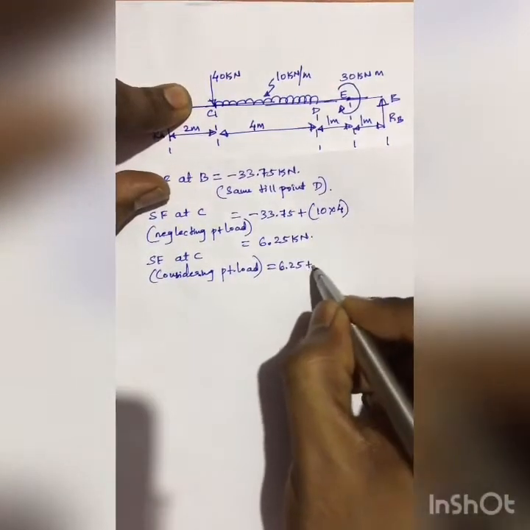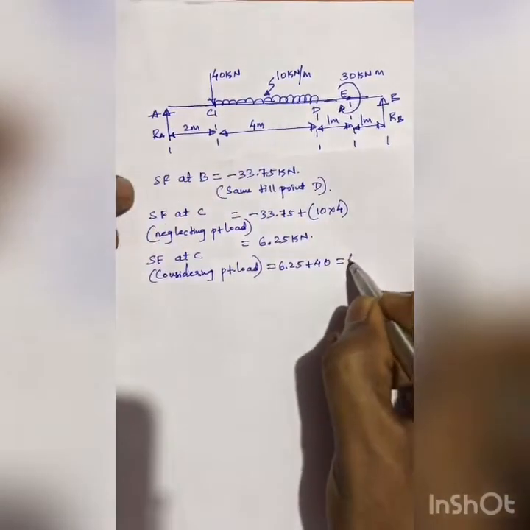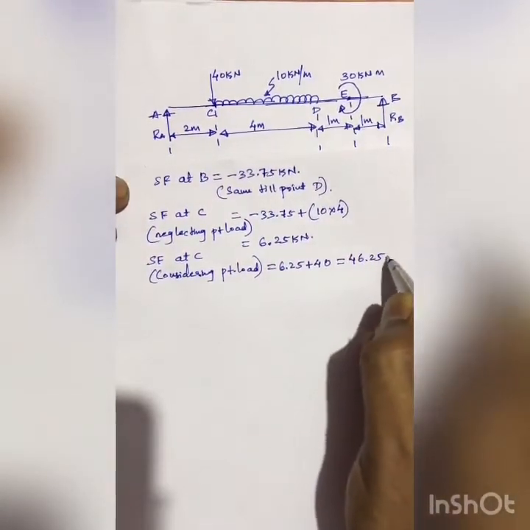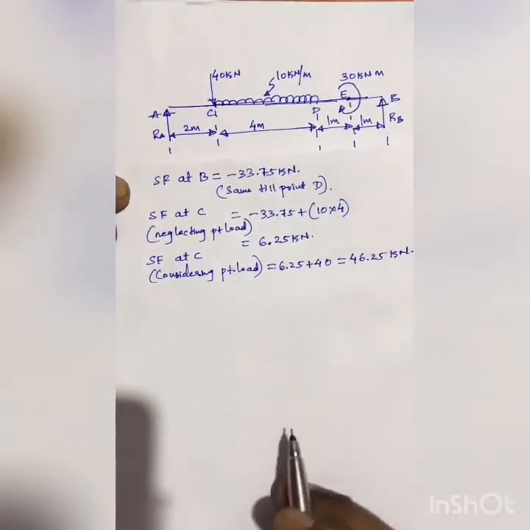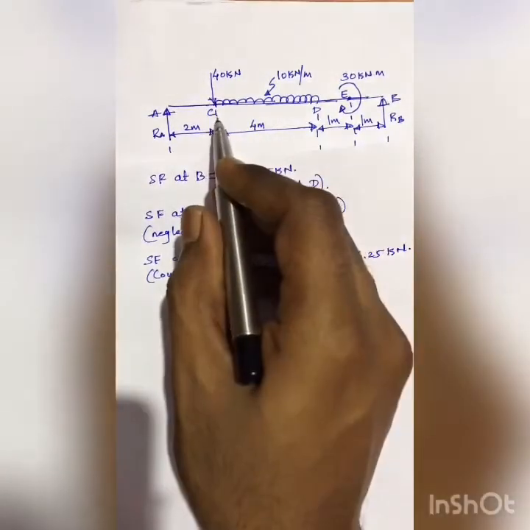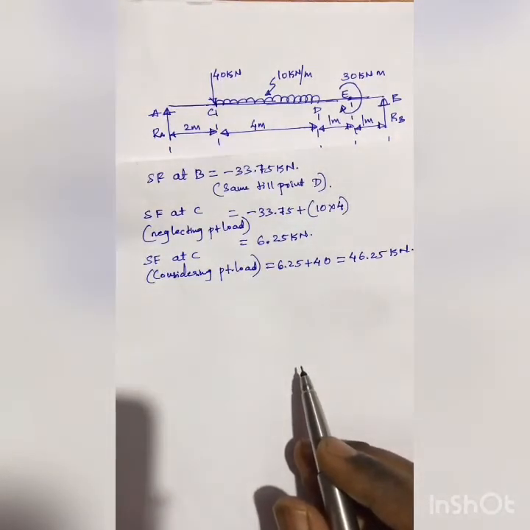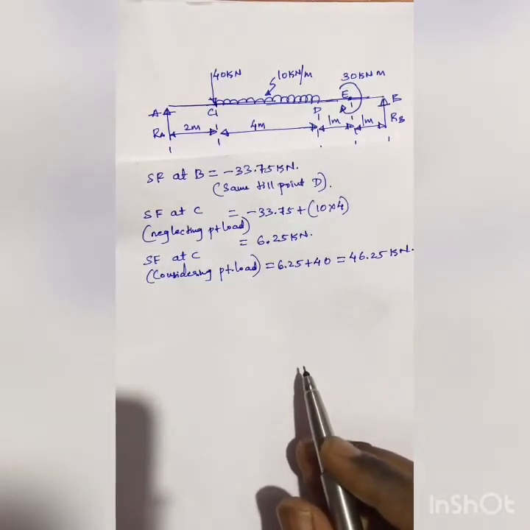So 6.25 plus 40 makes it 46.25 kilonewton. Again we know that there's no other force now acting from C to A, and hence it will remain the same, that is 46.25 from C to A.